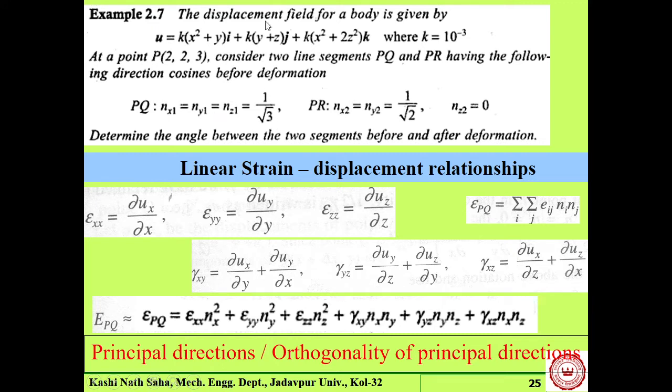Because they are in a displacement field, which is given. This displacement field will produce a strain at this particular point P. We can find the strain values from the displacement field using these relations. So that is what we will calculate now. Take a note of the values of the displacement field and the relations.